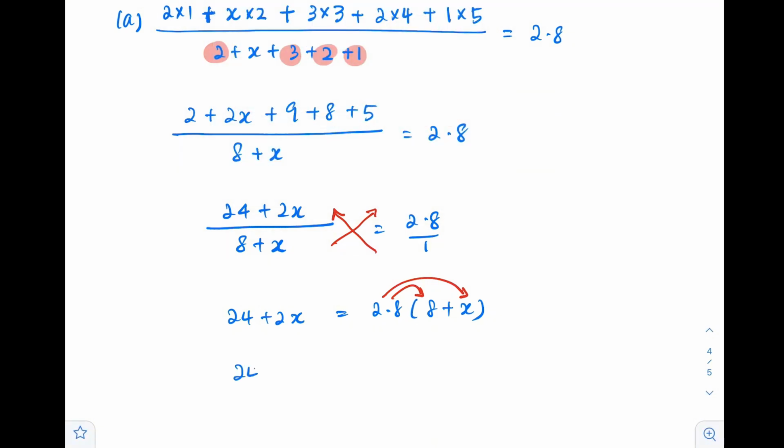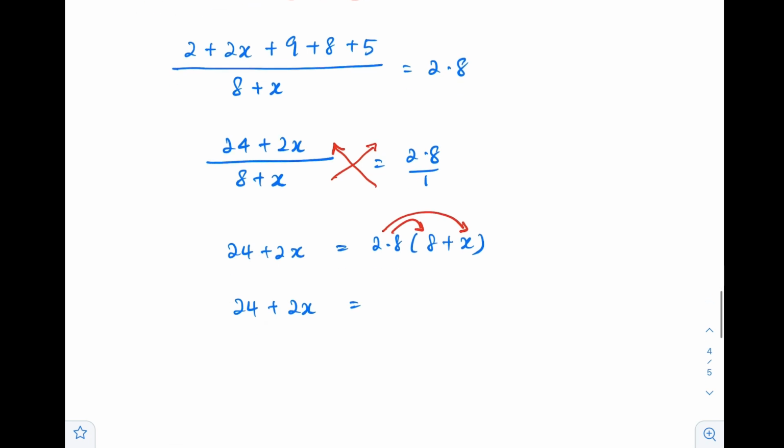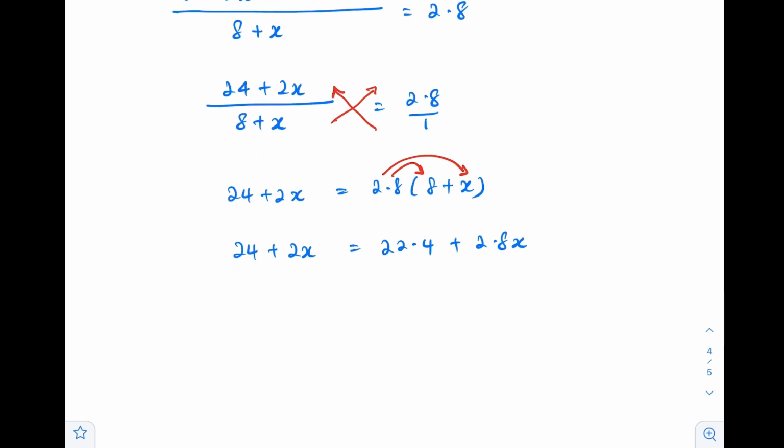The left hand side, we can just keep as 24 plus 2x first. So 2.8 times 8 would give us 22.4 plus 2.8x. And then to solve, I need to subtract 2.8x on both sides.